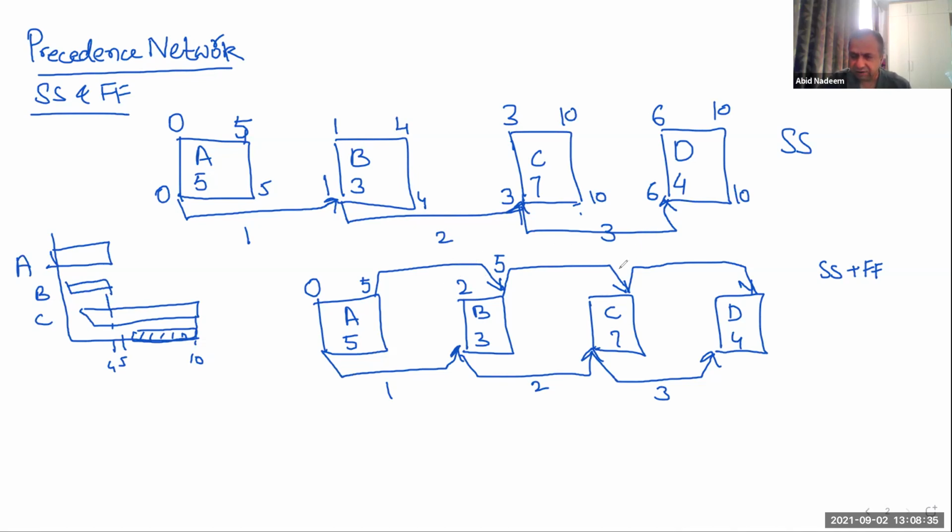Okay, so as we have checked, let's do the same thing again. For C, there are now 2 arrows coming into this activity. From the finish to finish, it was 5. And from start to start, it is 2 plus 2 is 4, and 4 plus 7 is 11. So which value will we take, 5 or 11? 11.